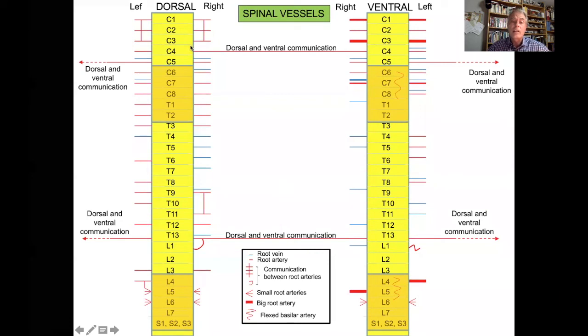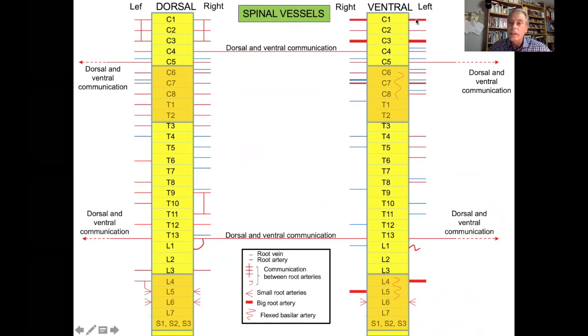So this is a study that I did a couple of years ago in order to identify the number and also the shape and thickness of these radicular arteries. This is the spinal cord in a dorsal view and a ventral view. As you see, some of these radicular arteries are sometimes connected, as in this case C1, C2, C3, the dorsal ones.